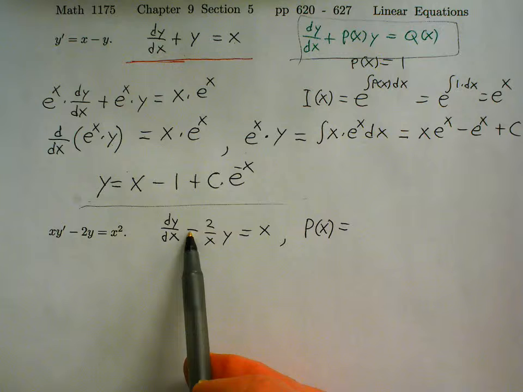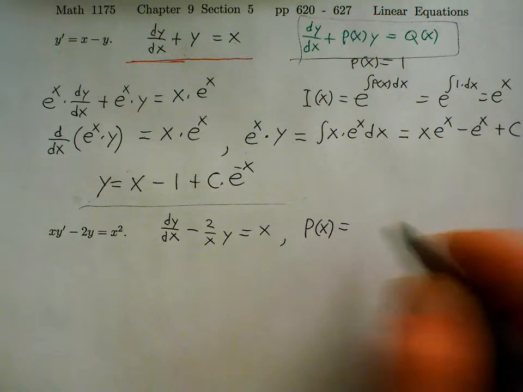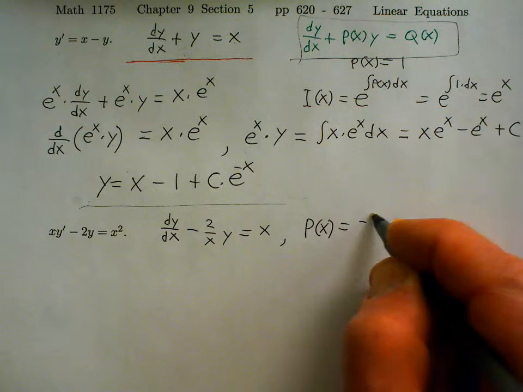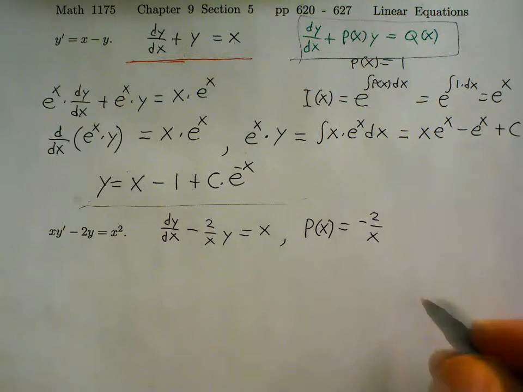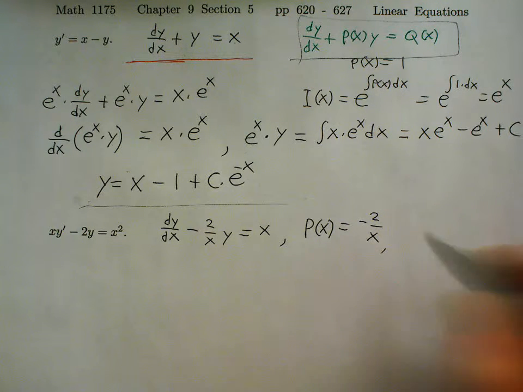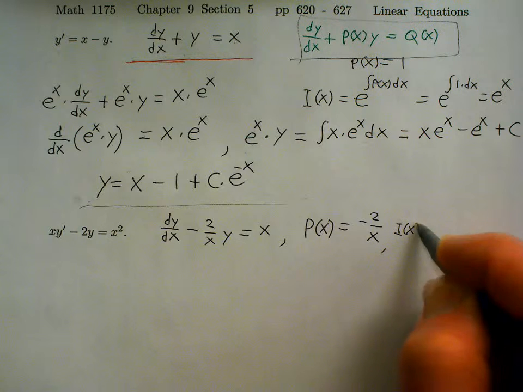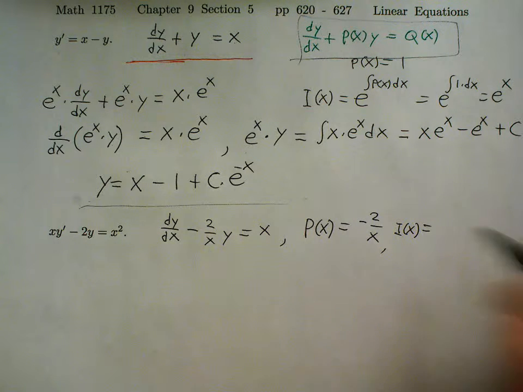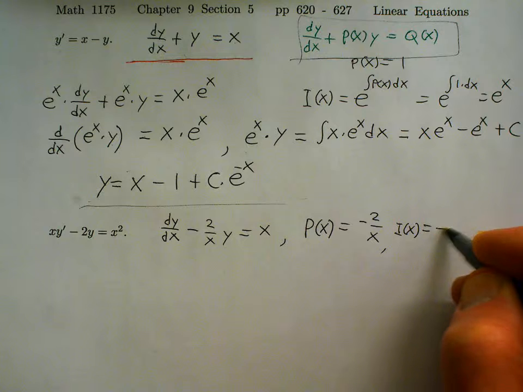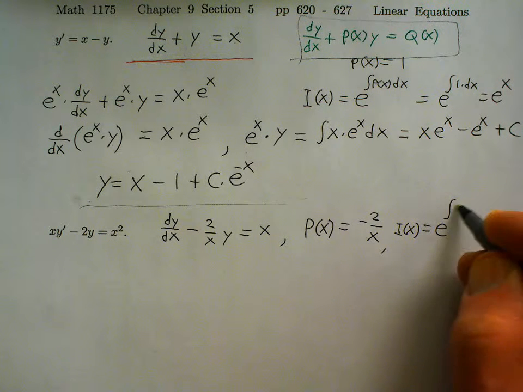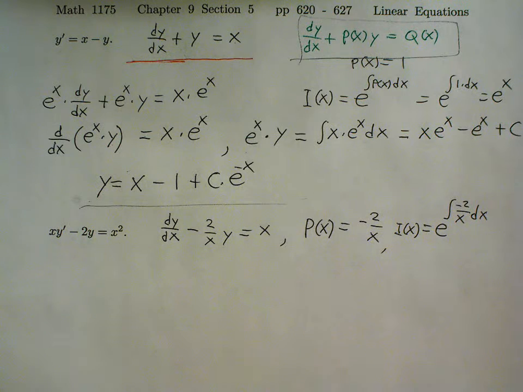So since we're subtracting 2 over x, think of that as adding negative 2 over x. So p of x is negative 2 over x. And our integrating factor is e to the integral of negative 2 over x dx.